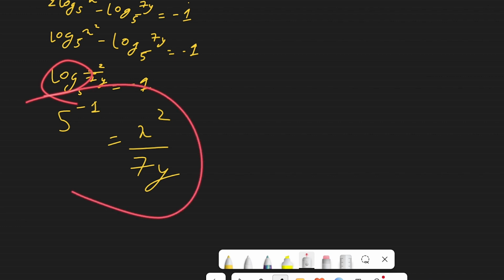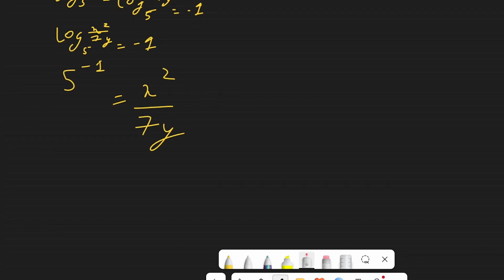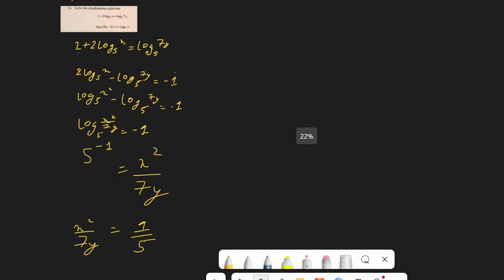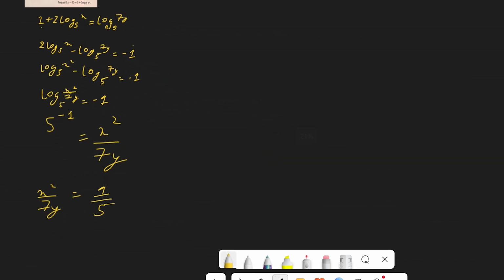You can further simplify it by saying that 5 power minus 1 is equal to 1 over 5. So x squared over 7y is equal to 1 over 5, right? So this is our first equation. I can write it as equation 1.